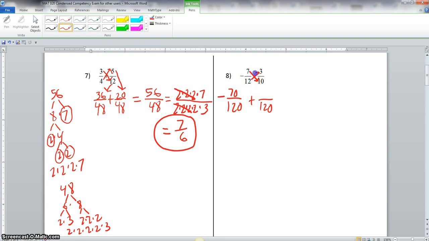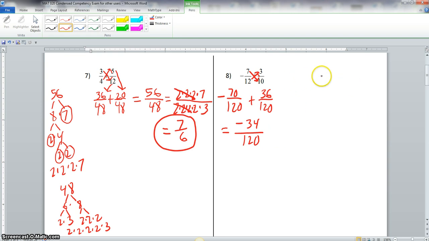And then 12 times 3 gives us 36, will be the second numerator. Now we will add them. We have negative 70 plus 36, which would give us a negative 34, all over 120.